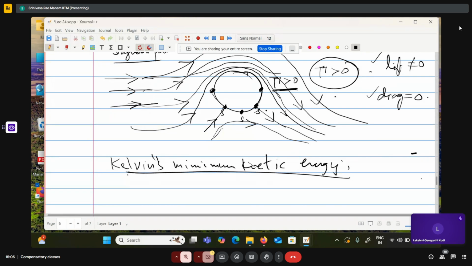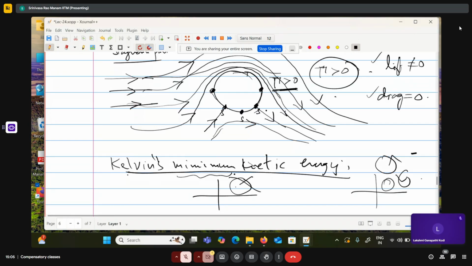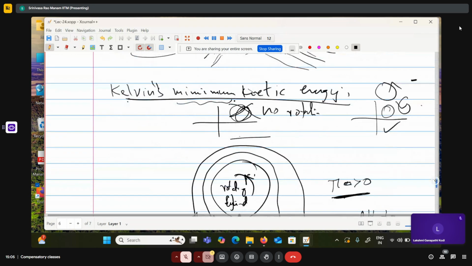Kinetic energy will be there, but you want it to be minimum. Suppose you consider a fluid flow with rotations and a flow without rotations. Which one will have more kinetic energy? This one. The irrotational one will have less. That is exactly Kelvin's minimum energy theorem.